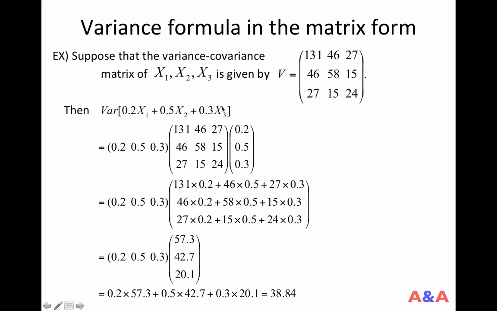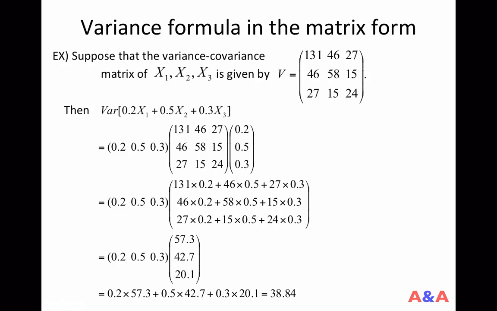You can use that sandwich formula. Here, the coefficient vector is just 0.2, 0.5, 0.3. And you sandwich this variance covariance matrix with the coefficient vector in a row vector form and the same vector in the column vector form. Okay?